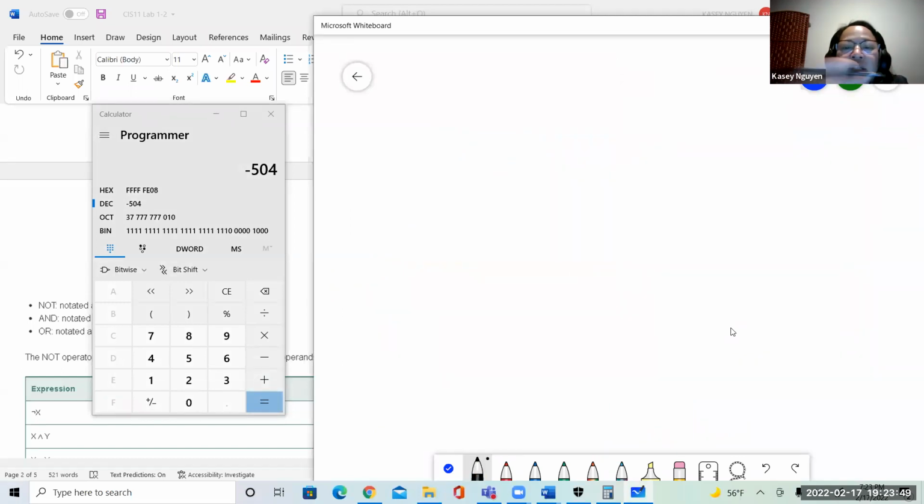So let's do 821, and this is our decimal number, and we want it negative. We want to go through the binary method, but we still want to output the hex, so we want to see base 16.